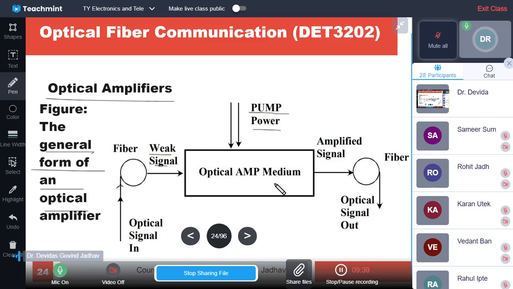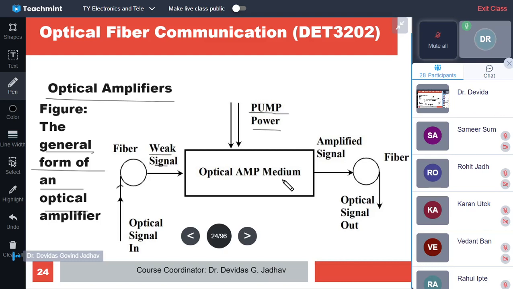This medium makes the population inversion with the help of the pump power, and the photons get multiplied due to stimulated emission. As we know, photons are present in the medium, or we can say the Fabry-Perot cavity we have seen in the laser in the third chapter.